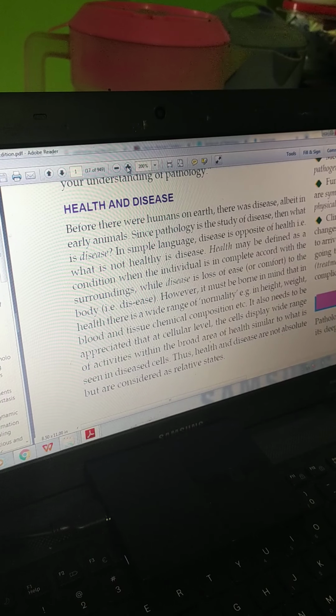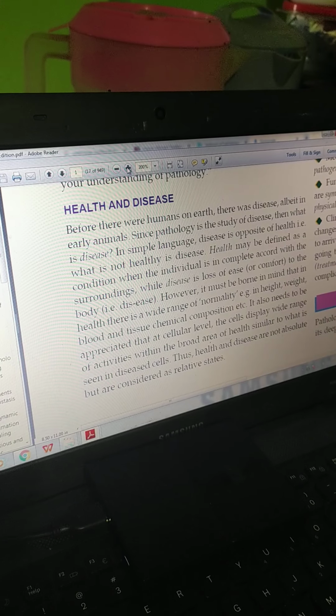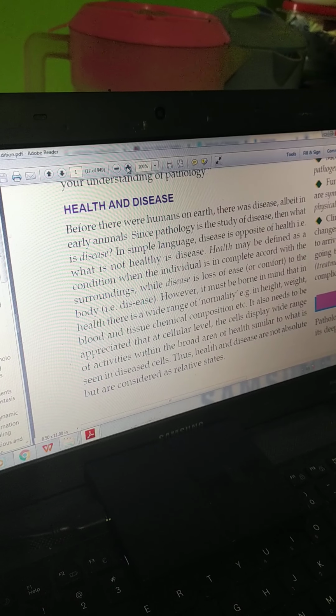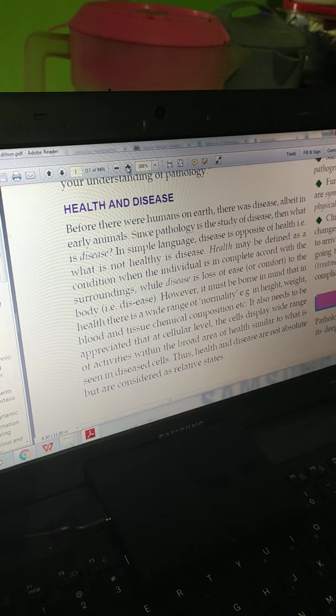Health may be defined as a condition when the individual is in complete accord with the surroundings, while disease is loss of ease or comfort to the body.